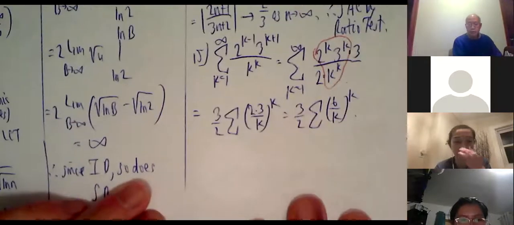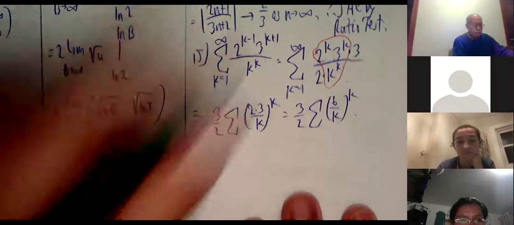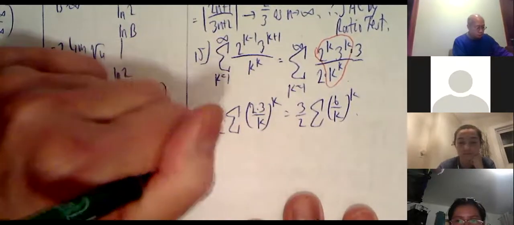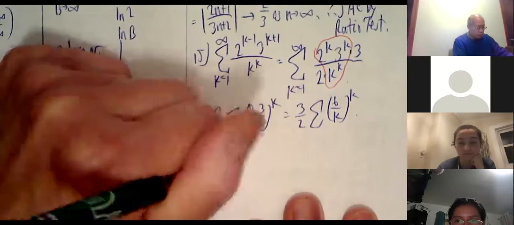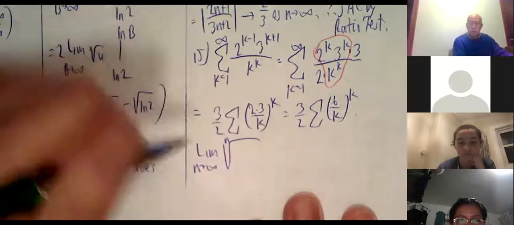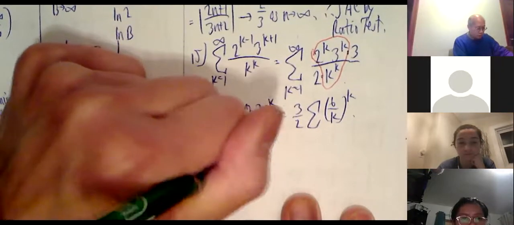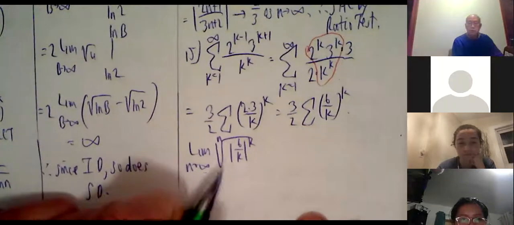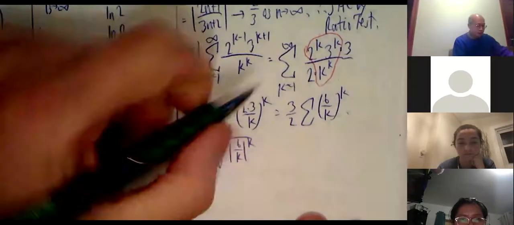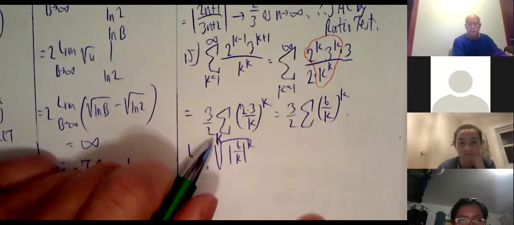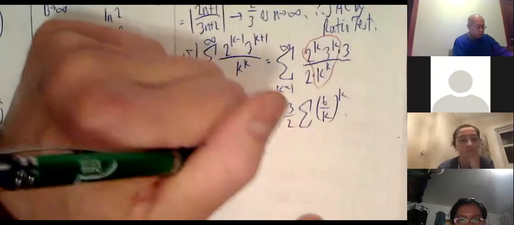Now I'll do the root test, which means take the nth root of this expression. So limit n approaches infinity of the nth root of, technically it's the absolute value, but in this case it doesn't matter. Oh, sorry, the kth root. So the k's just cancel out, which is limit as k approaches infinity.